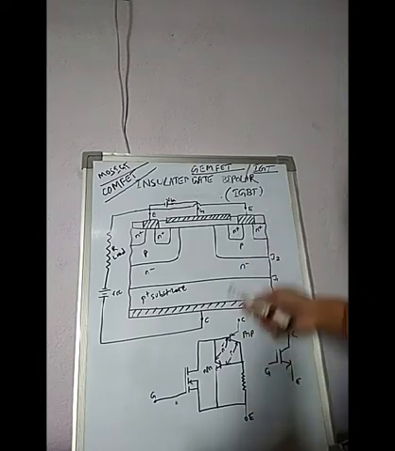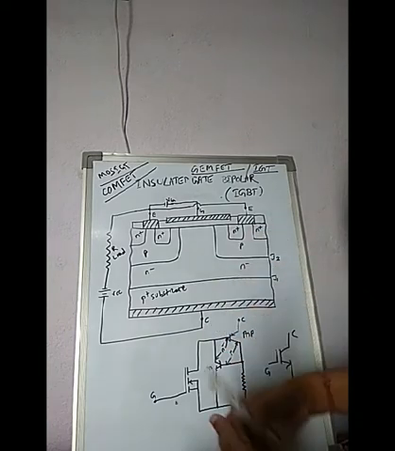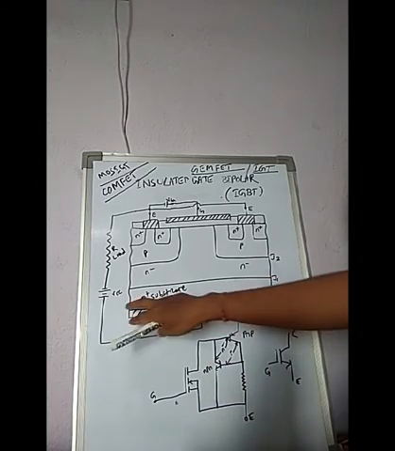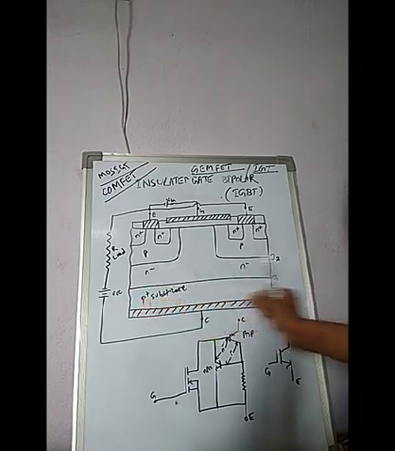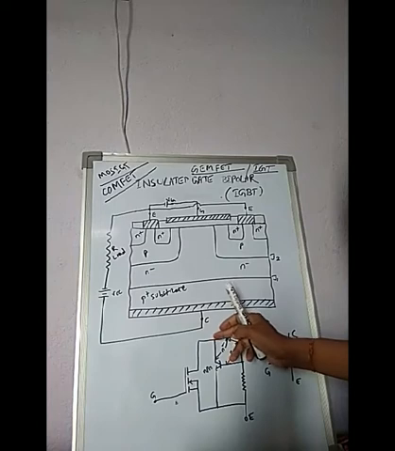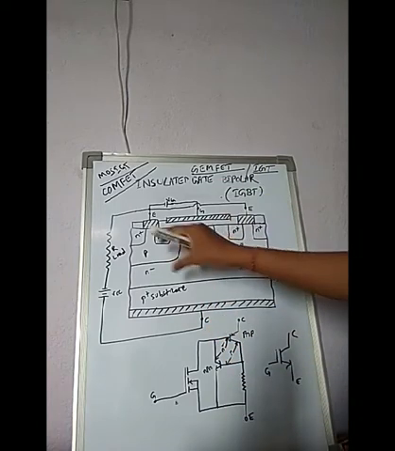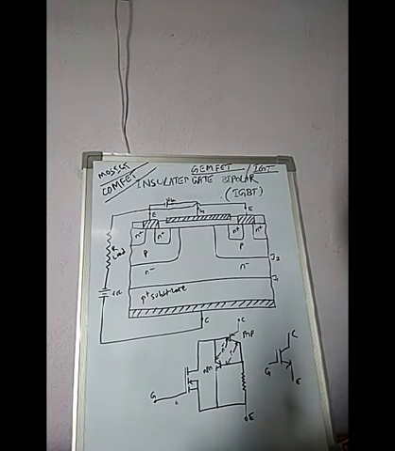See here, this is the collector, and here is the P plus substrate. On one side there is a metallic layer deposited, and from this metallic layer the collector terminal is taken out. Then over the P plus substrate, an N minus layer is epitaxially grown.